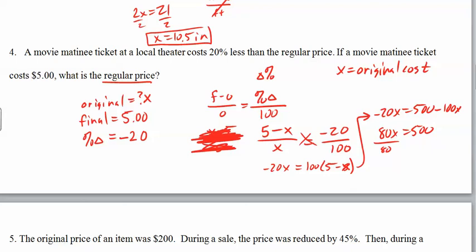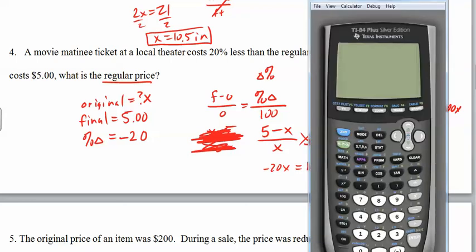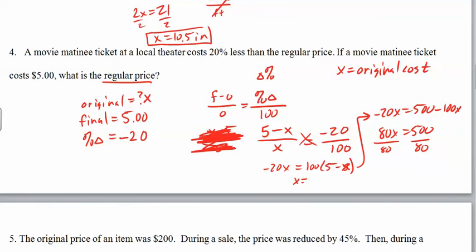Divide both sides by 80, and we've got 500 divided by 80, which is 6.25. So x equals 6.25. Now, there are my units, the dollars, and I've already designated that 6.25 is the original cost. So therefore, the original cost is $6.25.